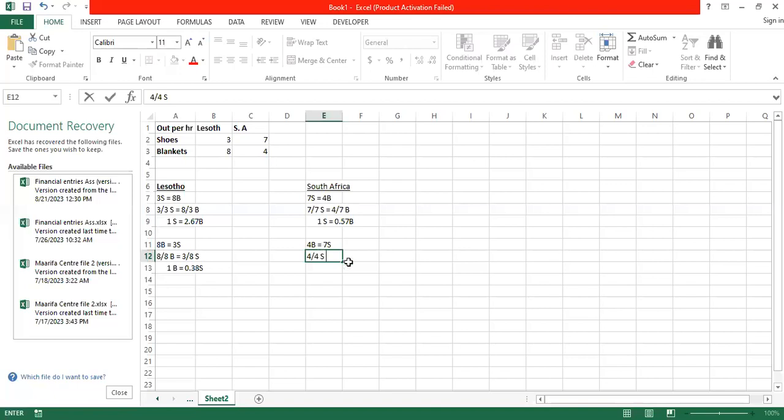Right. 4 divided by 4 is equal to 7 divided by 4 S. Right. So what you have here remaining is 1B, exactly where we want this to be. Right. So what is 7 divided by 4? See now where Excel starts getting messed up. 7 divided by 4. So it's 1.75.